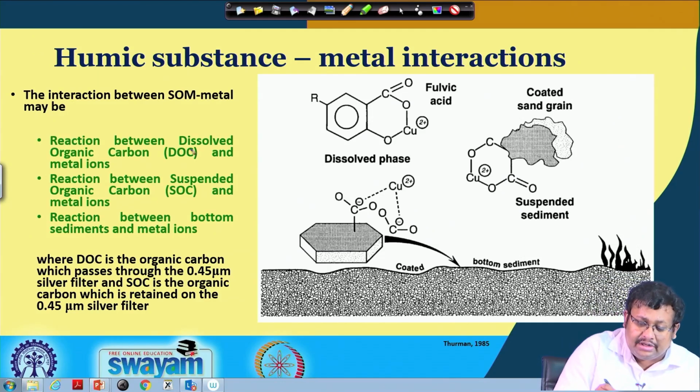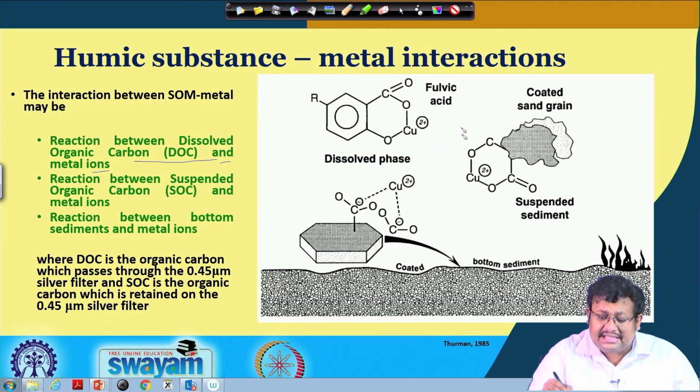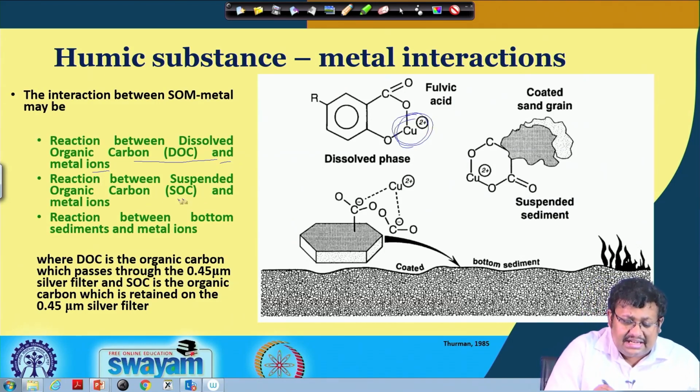One is the reaction between dissolved organic carbon and metal ions. This is the dissolved phase, where humic substances are interacting with copper. Next is the reaction between suspended organic carbon and metal ions.